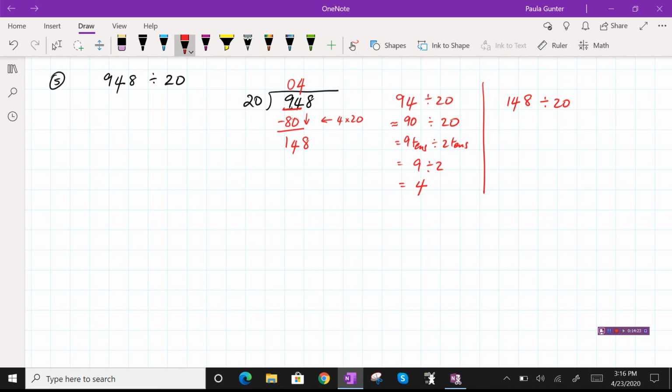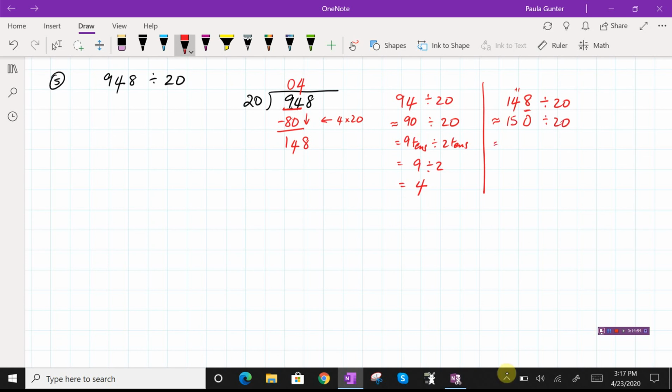We don't want to write out our times table, so we're going to approximate or round each of these to the nearest tens. Looking at the digit 8, if I'm rounding the units digit, it's closer to the next tens, so I would round up, which means I add 1 to the tens place, put a 0 in the units place. I have 150 divided by 20.